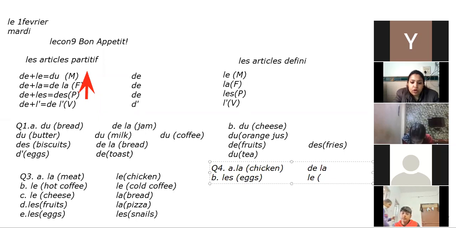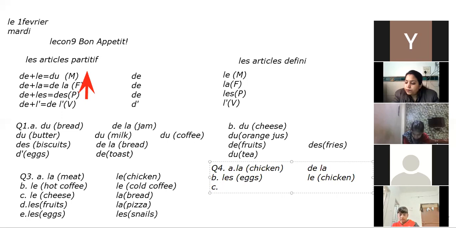Le poulet is your chicken. Here we are only talking about what we prefer, so there is no imprecise quantity in it. This is precise, that I don't prefer eggs, I prefer chicken.